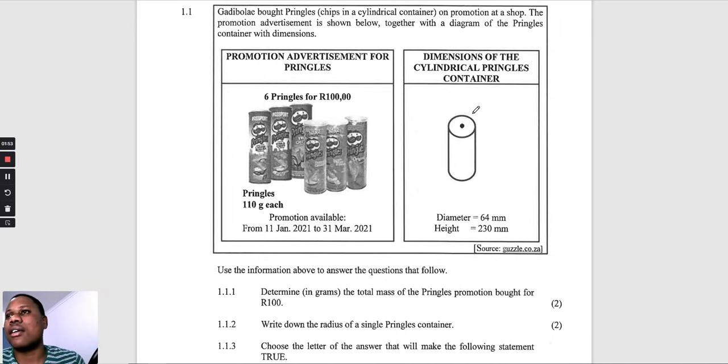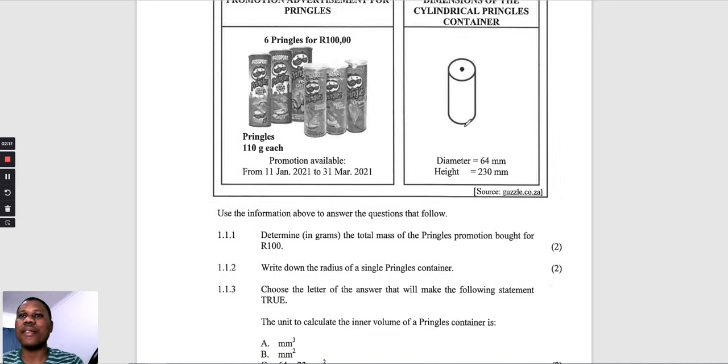And they again say the diameter is equal to 64 millimeters, and then the height is 230 millimeters. So those are the dimensions of one container of the Pringles, which is cylindrical in shape. Use the information above to answer the questions that follow.